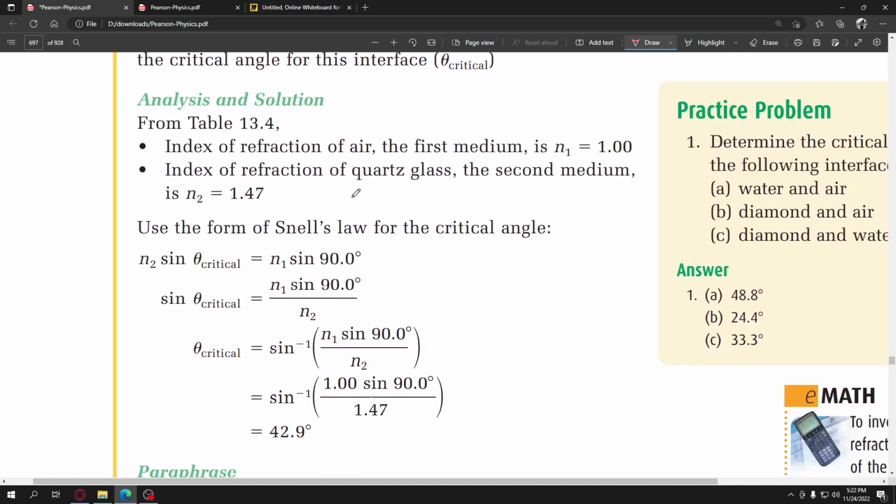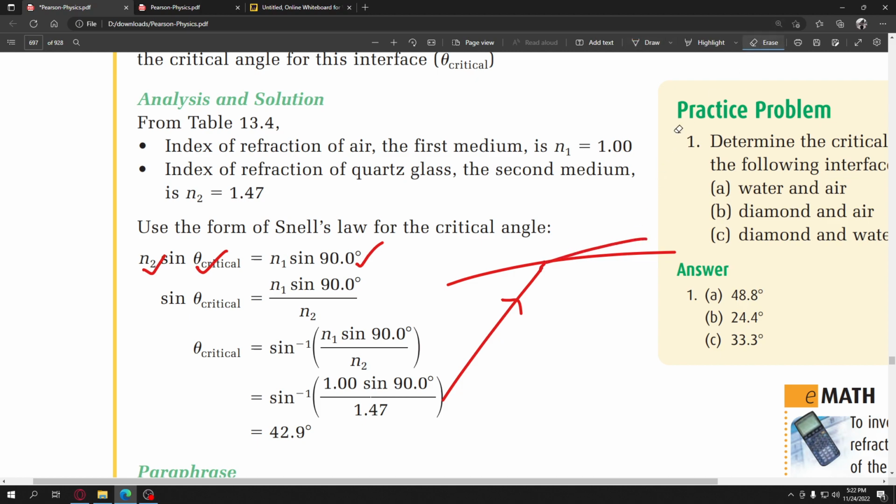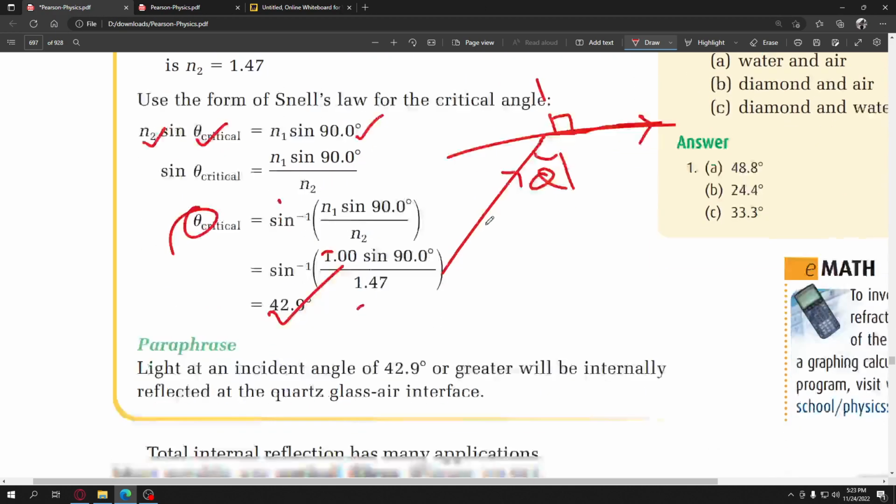So we will use this formula again, where we need to find sin theta critical, the sin theta of n2. We don't know theta yet, and the sin theta with n1 we know is 90 degrees, because the refracted ray going from quartz glass must be 90. I can draw straight lines for some reason today, anyway. The refracted ray will be at 90 degrees and this can be some theta, and this theta is what we are finding. We plug in the values as normal and we get our answer 42.9.